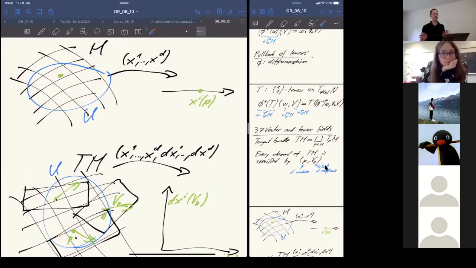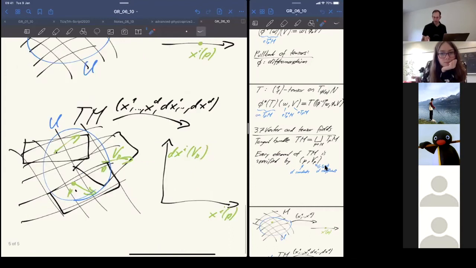This is a lot to write. This is written in the lecture notes, and then one can verify explicitly that if the chart transition map of M is differentiable, then the same is true for the chart transition map here. And this proves that this object equipped with the atlas defined in that way is a valid differentiable manifold.